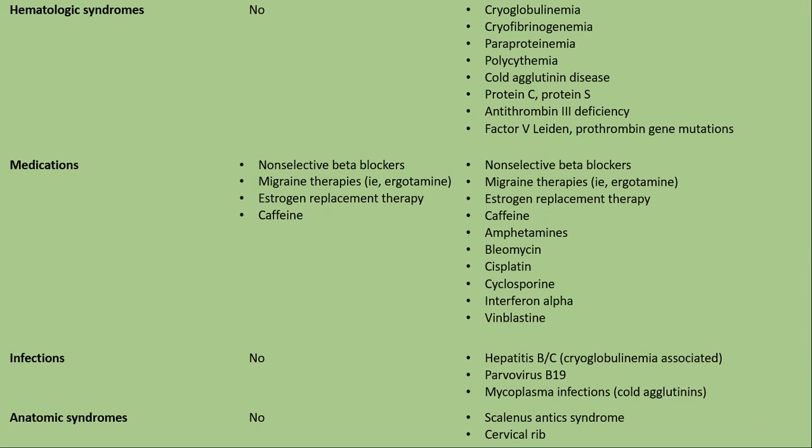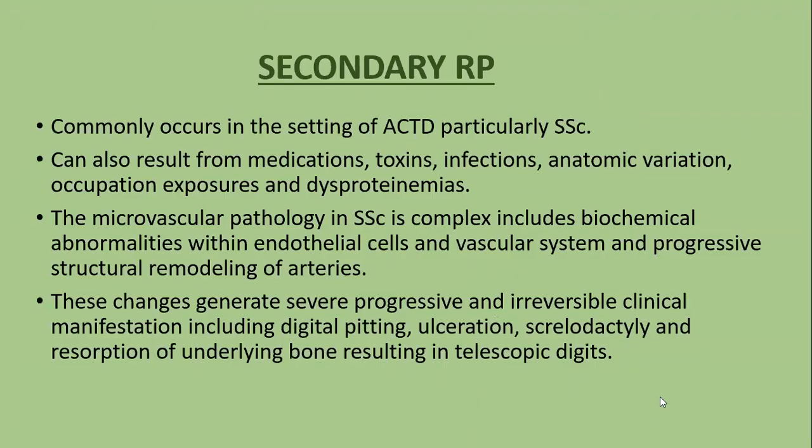Then anatomic syndromes like scalenus anticus syndrome and cervical ribs are associated with secondary. Secondary Raynaud's phenomenon associations I mentioned before include the infections, toxins, and occupations.